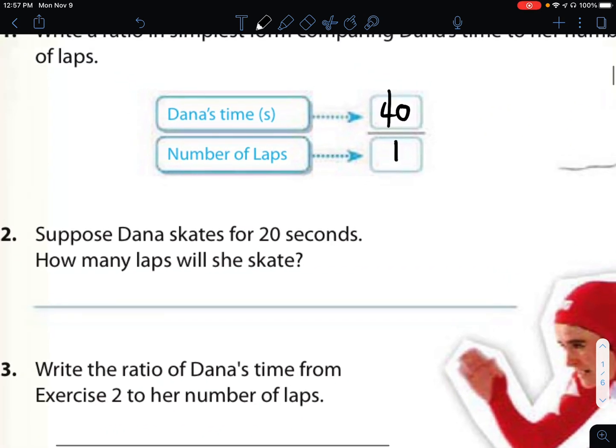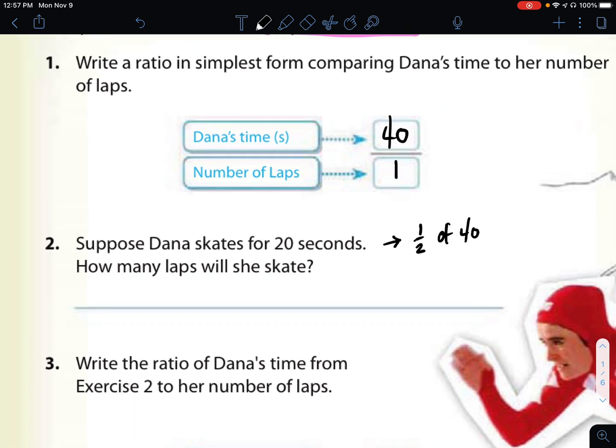So Dana can skate one lap in 40 seconds. Suppose, I'm now number two, Dana skates for 20 seconds. How many laps will she skate? Okay, so if you notice, 20 seconds, if we make this into a fraction, is only 1/2 of 40.